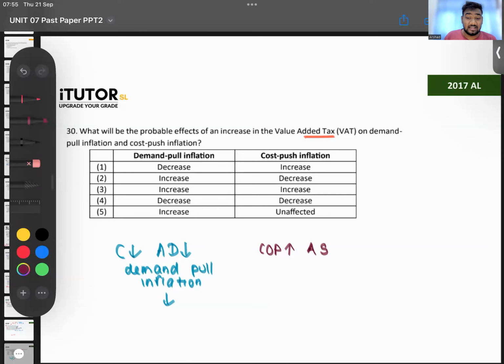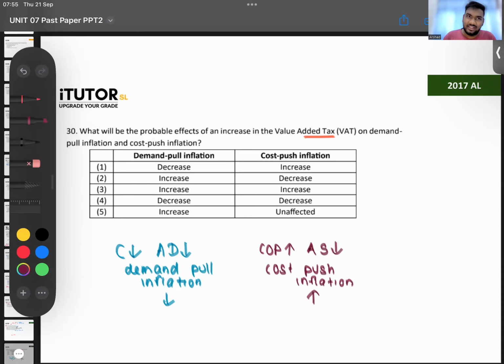What happens to aggregate supply if the cost of production goes up? Aggregate supply will come down. So if aggregate supply comes down, what happens to cost push inflation? What happens to that? Cost push inflation will start to go up.